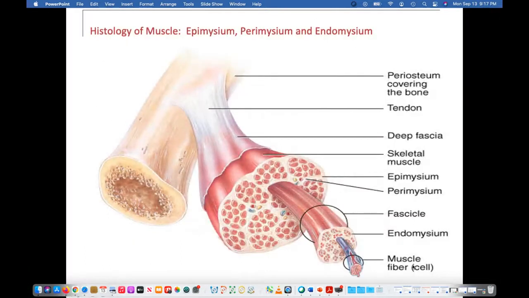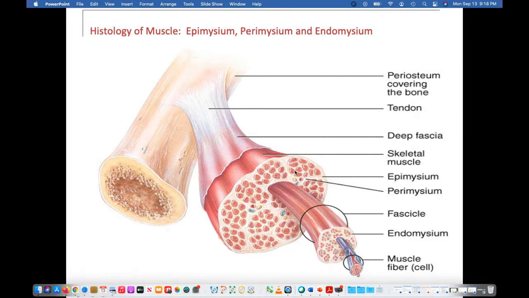Again, we can see that here. Let's say here's a muscle fiber cell, then you have endomysium around it, then you get a bunch of these groups here. This is referred to as an entire fascicle.